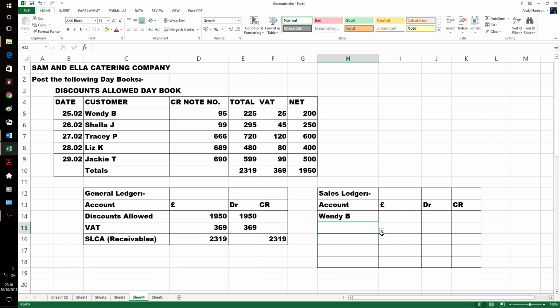Into our sales ledger, the individual customers. So Wendy, Shella, Tracy, Liz, Jackie. And all we'll show in the sales ledger is the totals.